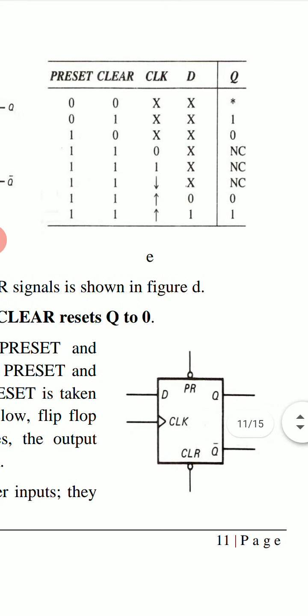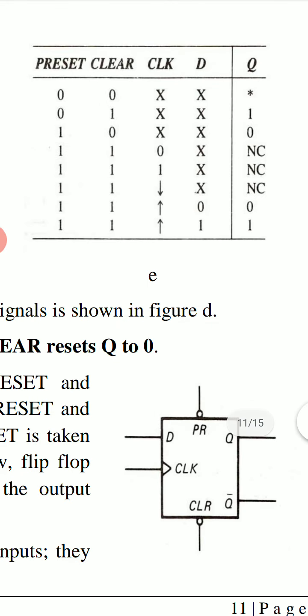This is the truth table for edge triggered D flip-flop with preset and clear. The first condition is in which preset is 0 and clear is 0. It is the race condition, so we have to avoid this.